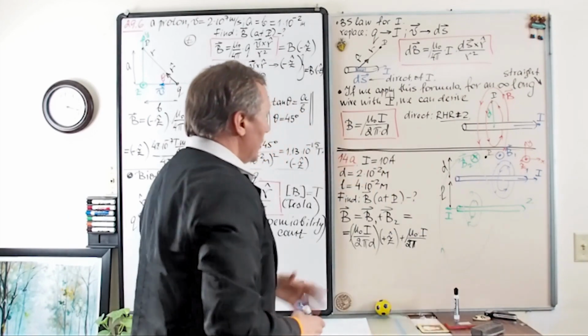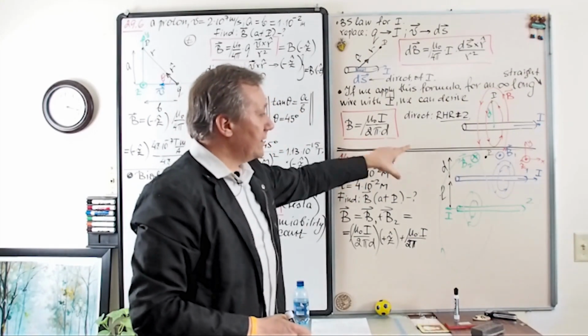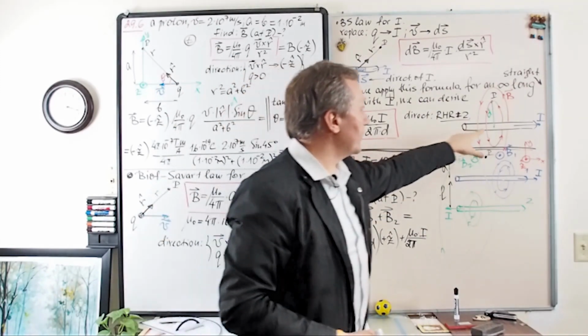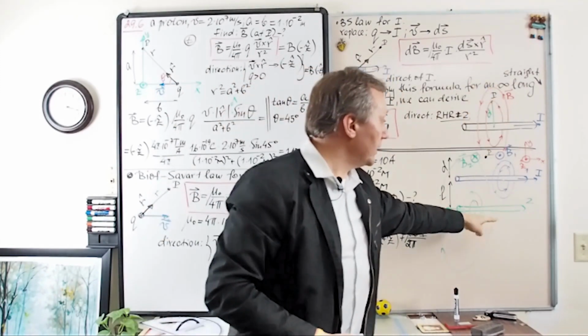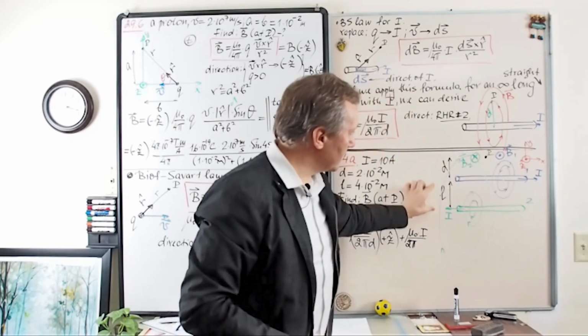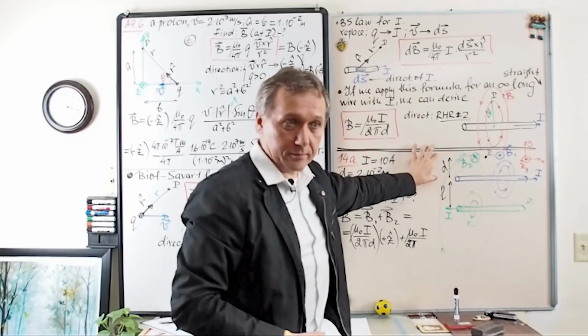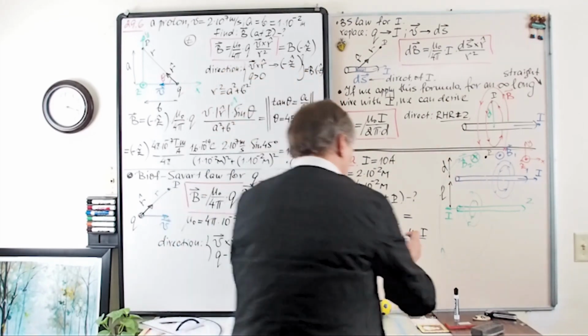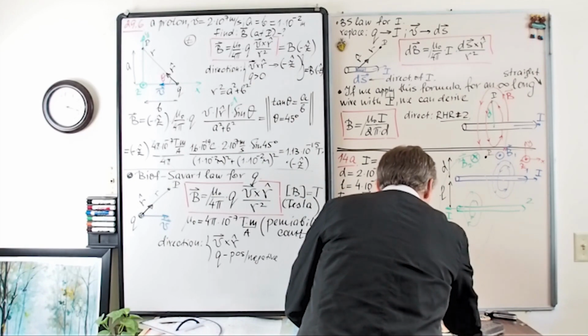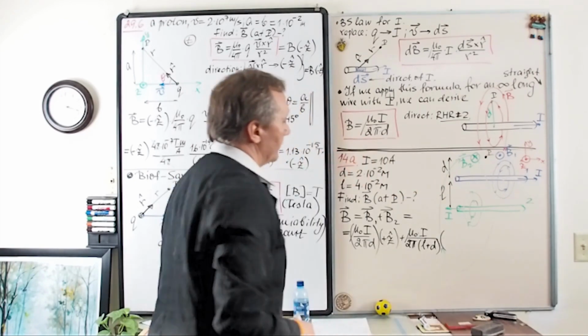And now D. What is D for wire 2? Again, it's the distance from the wire to the point in question, in this case from wire 2 to the point P. So that distance is L plus D.